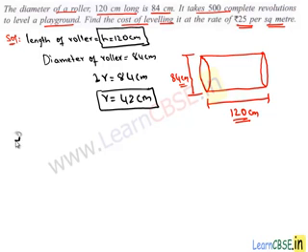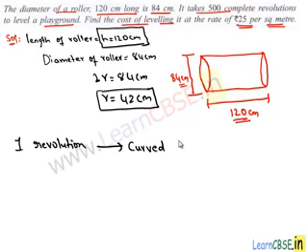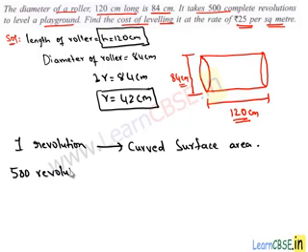We know that for one complete revolution of the roller, the surface area covered by the roller is the curved surface area of this roller. And to calculate the area covered by this roller to level the playground, we take 500 revolutions. So in 500 revolutions, the area covered by this roller is 500 times its curved surface area.